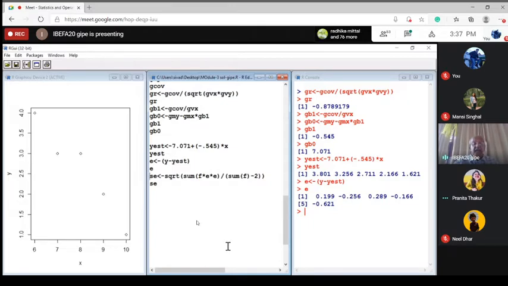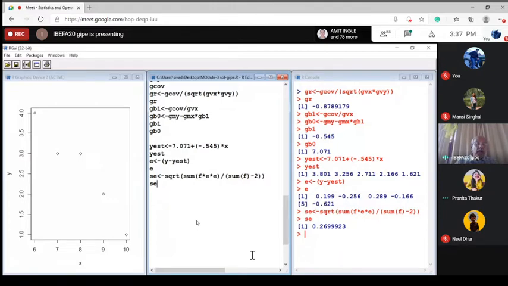And standard error. Finished. So this is grouped data correlation.